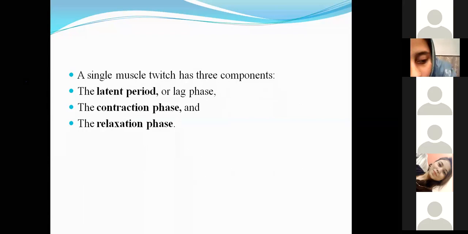The second phase is a contraction phase and the third phase is a relaxation phase. So there would come a latent period जिसमें हम देखेंगे आगे कि latent period में क्या हो रहा है, and then comes the contraction phase of the muscle जहाँ पे muscle contract करेगा, and the relaxation phase of the muscle would be relaxing. So we will start off with the latent period.